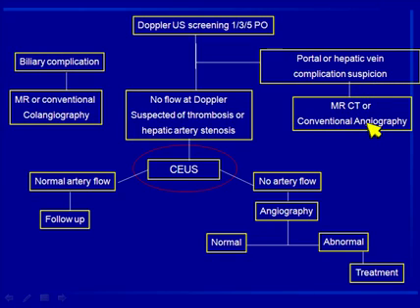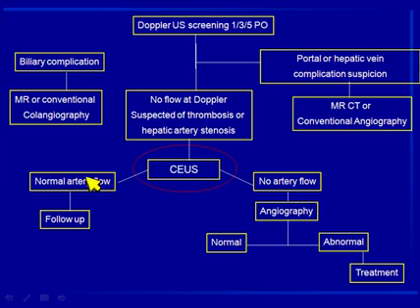can be performed. If we don't identify flow at Doppler and we have a suspicion of thrombosis or hepatic artery stenosis, the contrast-enhanced ultrasound can be used to identify the hepatic artery in these cases.